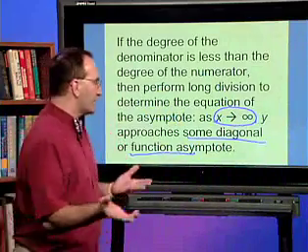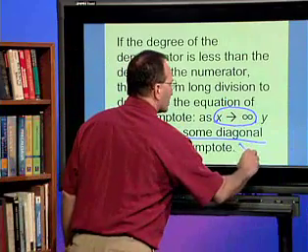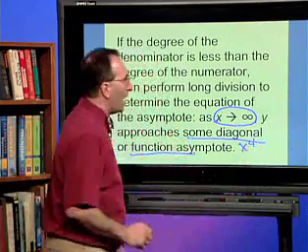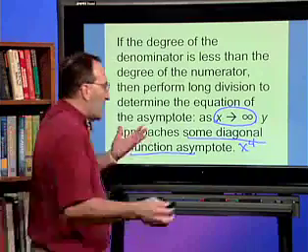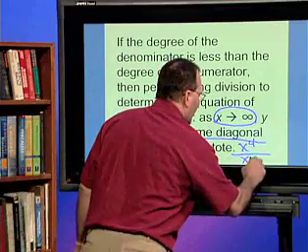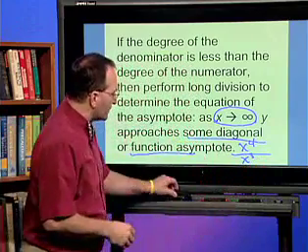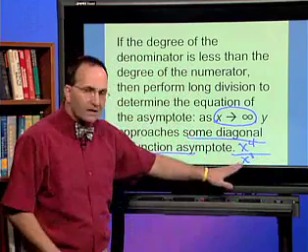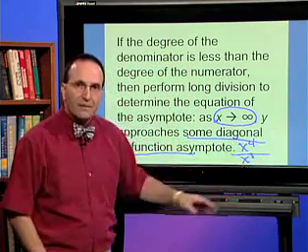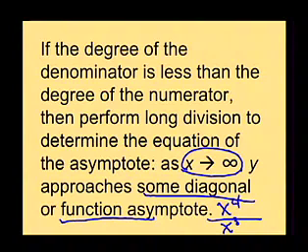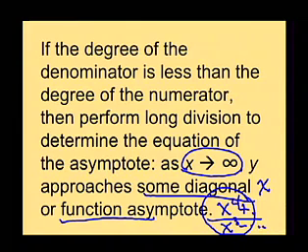So an example, again, something like that, if you had an x to the 4th on the top, and on the bottom you had an x cubed, then we would have to divide the numerator by the denominator, and whatever that result would be, which I'll tell you now, that would give us an x when we divide those. And regardless of what we have over here, I'm telling you now that this would be considered a diagonal asymptote.